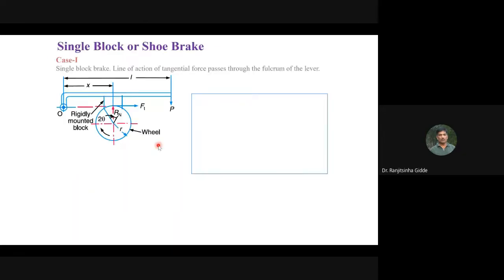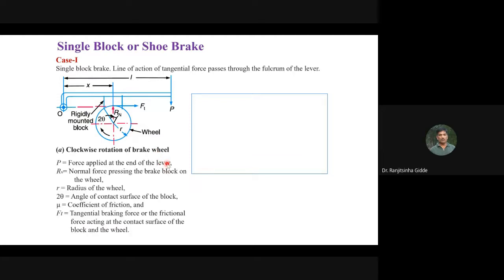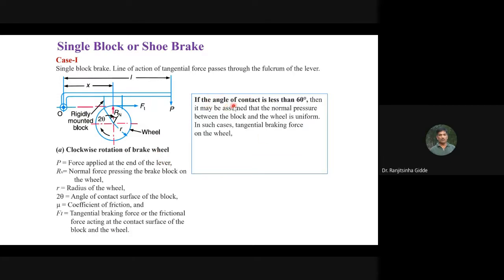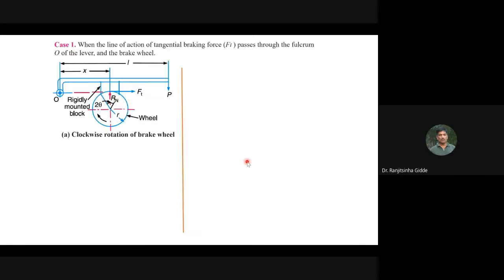If the angle of contact is less than 60, and this assumption we have made, it may be assumed that the normal pressure between block and wheel is uniform, and by assuming that, we have derived the braking force derivation and braking torque derivation.